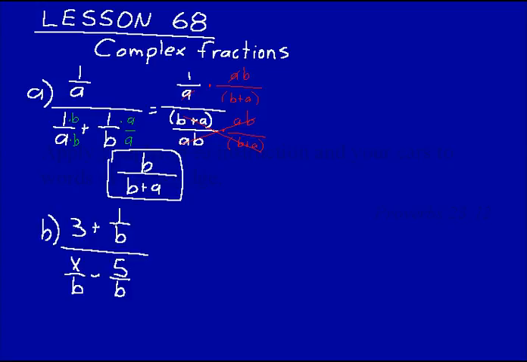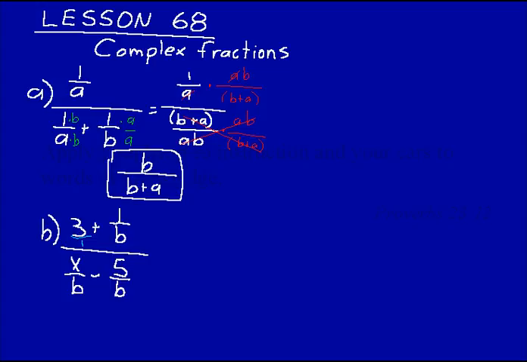Let's do another one. In that problem we see that we need to simplify the numerator part and the denominator part of the big fraction first. So we do that by doing the numerator first, and let's just look at that. We can make that a 3 over 1 to think of that as a fraction, and so we see that our common denominator there needs to be b.